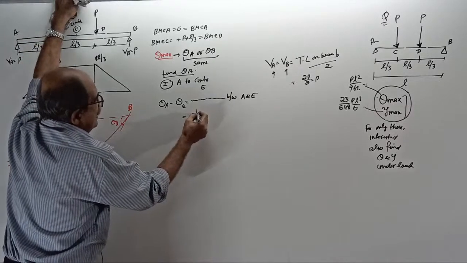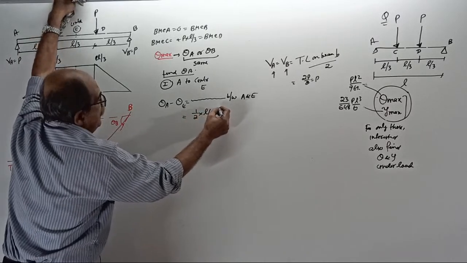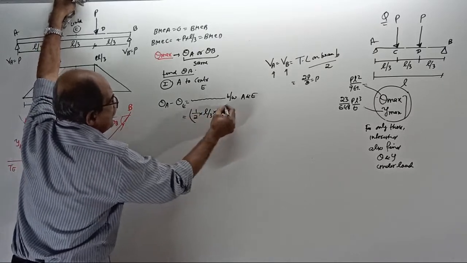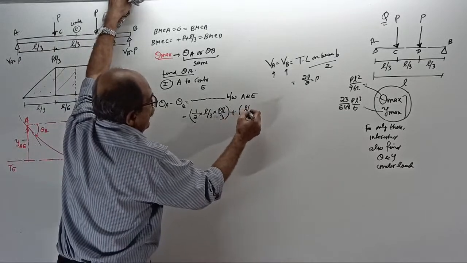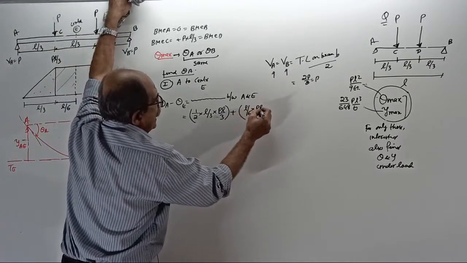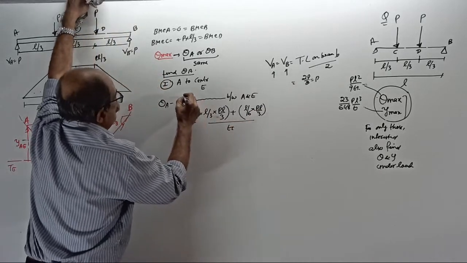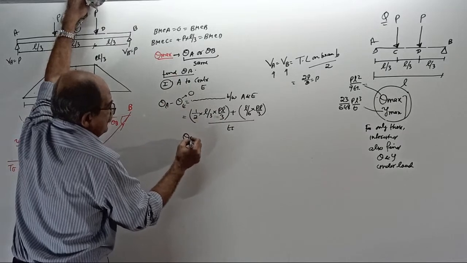Triangle area: half into L by 3 into PL by 3, plus one rectangle area: L by 6 into PL by 3. That answer divided by EI. But you know that theta E equals 0. Therefore, you get theta A.